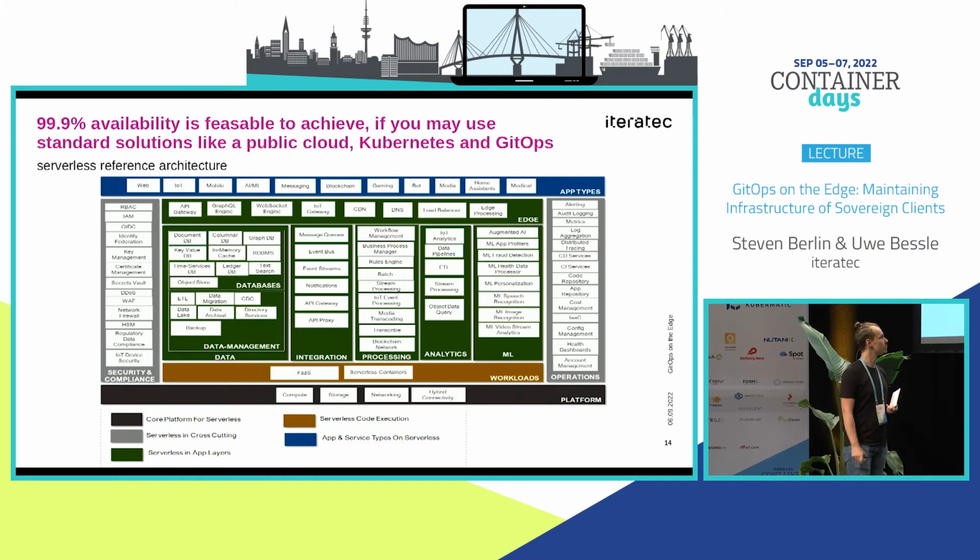Uwe decided to put up here on this slide a reference architecture for serverless computing. In this case, you can see there are many details, many tools and many concepts that you can use to address availability of your application, but that's everything that we can't use in our case. And I will explain to you now why that's the case.